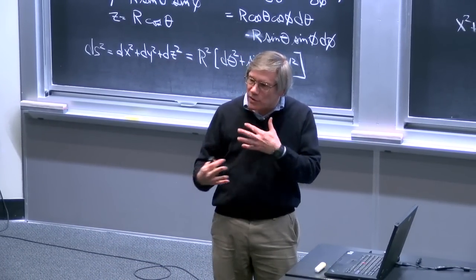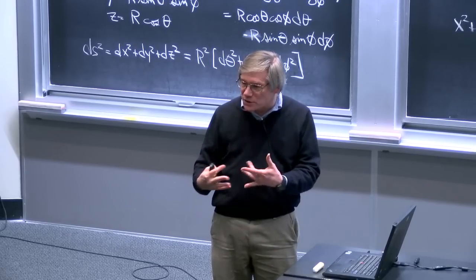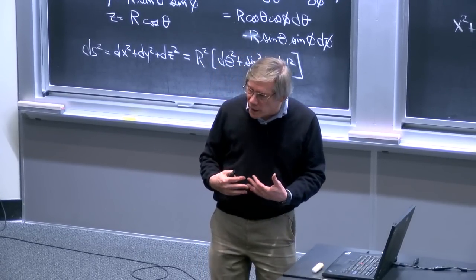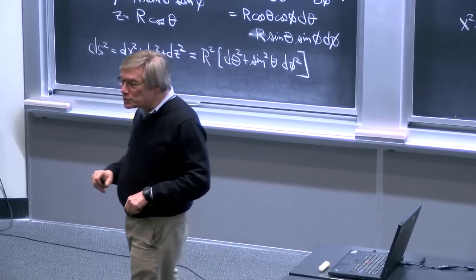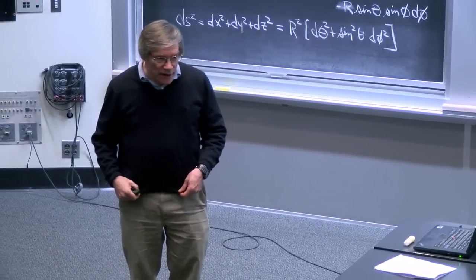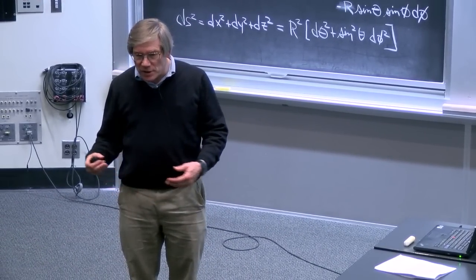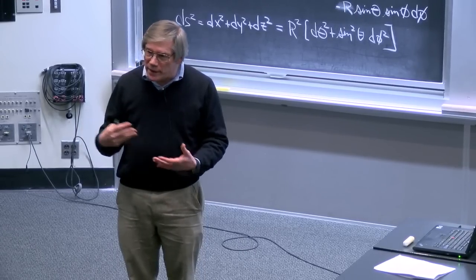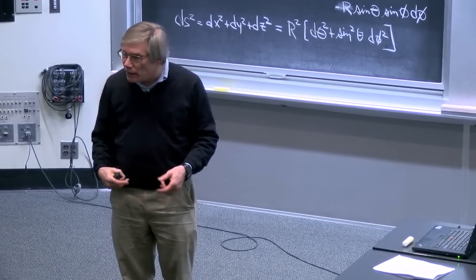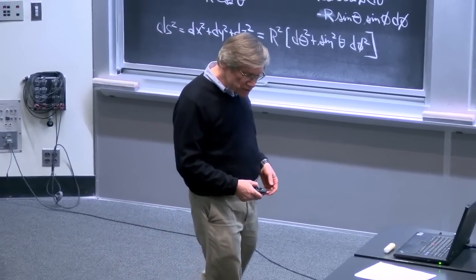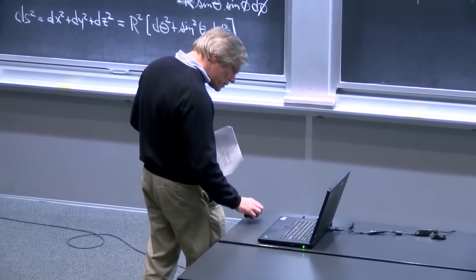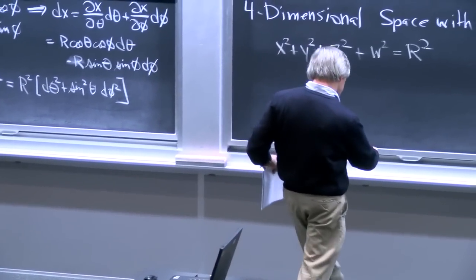And we could just ask what are the values of theta and phi that would go with those x, y, and z coordinates. So theta and phi are just defined by, quote, projecting the original point into the three-dimensional x, y, z space, which just means ignore the w coordinate, look at x, y, z, and ask what would be the angular coordinates theta and phi for those values of x, y, and z. And it's easy to take those words I just said and turn them into equations.